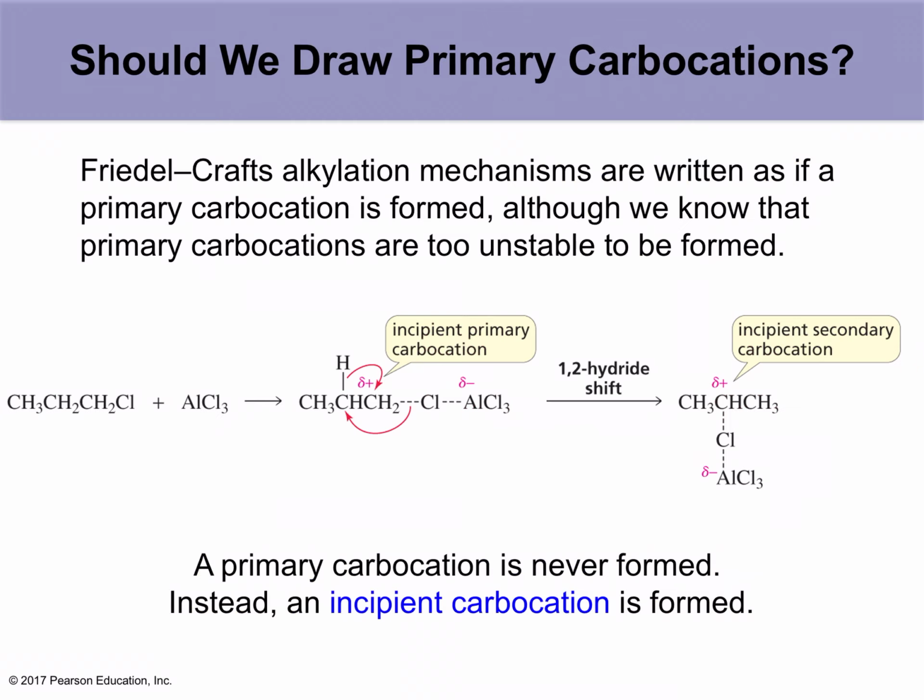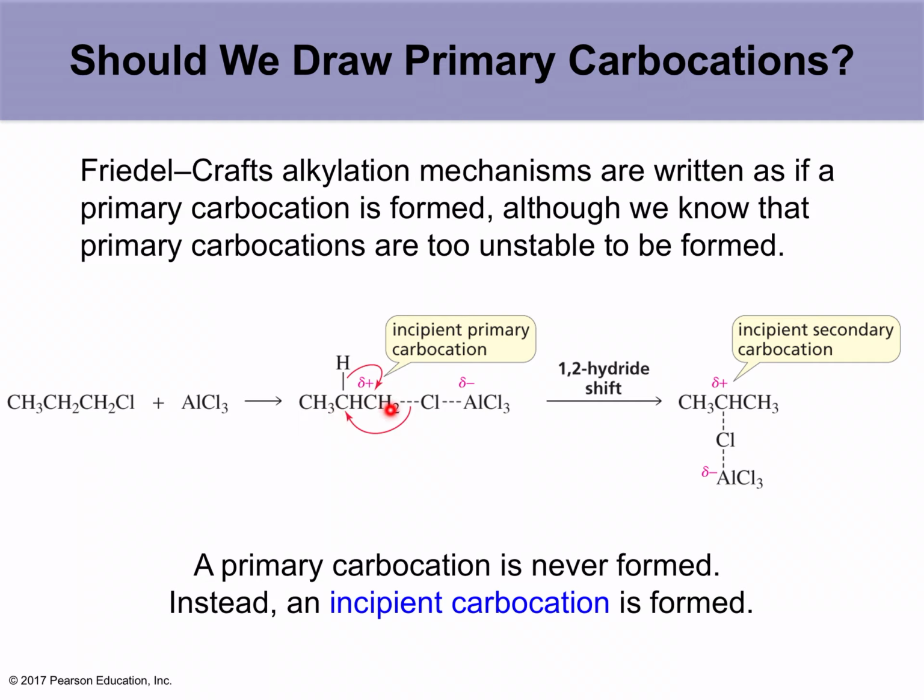Friedel-Crafts alkylation mechanisms are written as if a primary carbocation is formed, although we know that primary carbocations are too unstable to be formed. So what's happening is it's not going to even form as a stable compound during the formation of the Lewis acid-base complex. The rearrangement takes place. Remember, the chlorine lone pair forms a bond with the aluminum. So this is the molecule as it is.